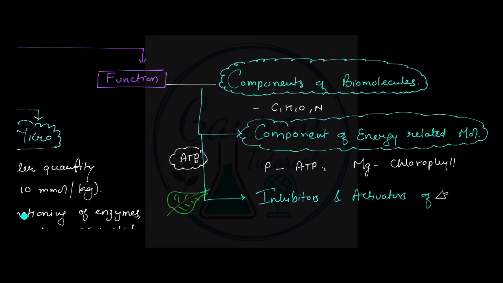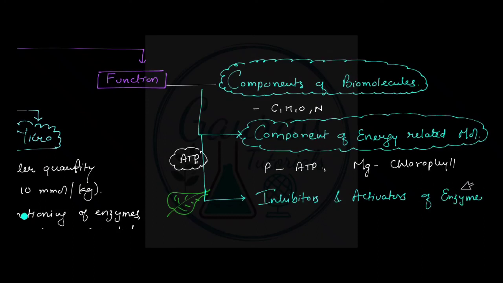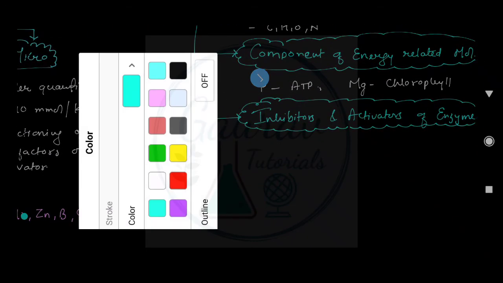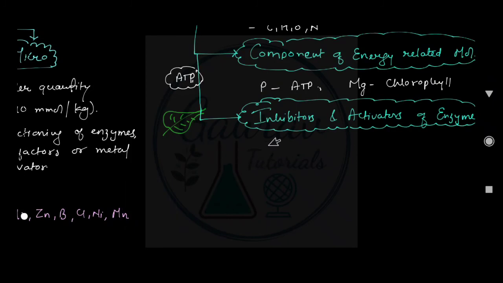We know that enzymes are associated with reactions, and they could act on the reaction and increase the rate of reaction significantly. Some examples of these inhibitors or activators could be magnesium. In fact, magnesium acts on the enzyme called Rubisco.